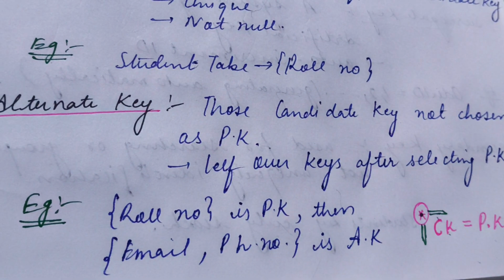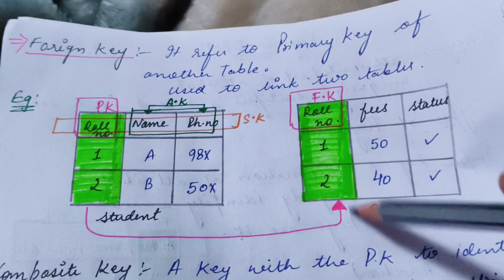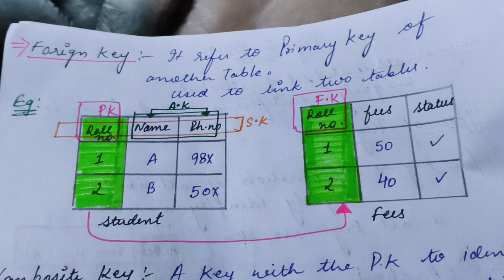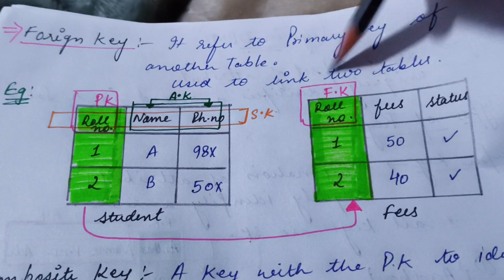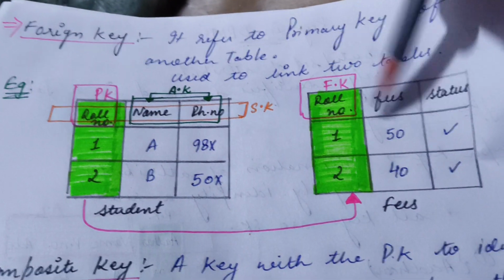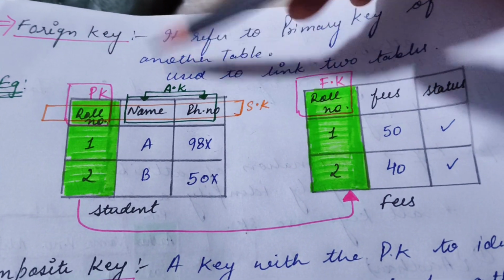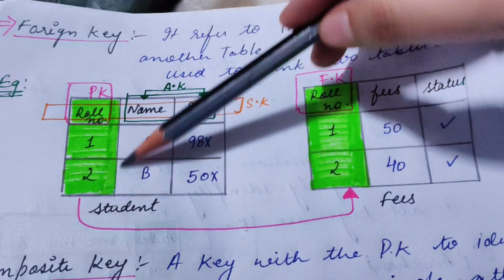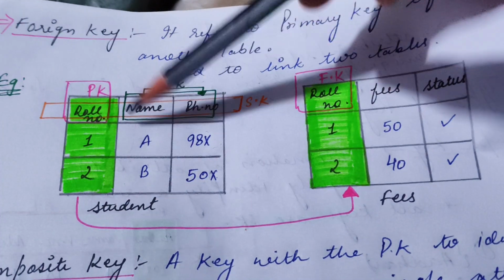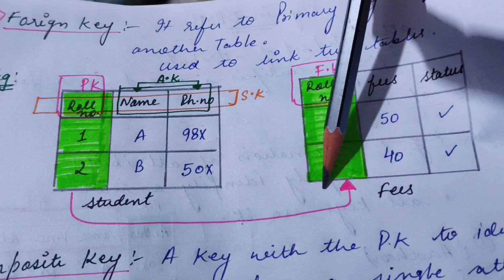Okay. Coming forward, here it is a foreign key. So a foreign key represents the primary key of another table. There are two tables. A foreign key is used to link these two tables. Okay, so here is the primary key, the whole green column is the primary key, and here is another table and it has a primary key.